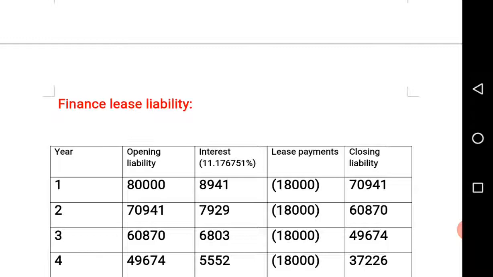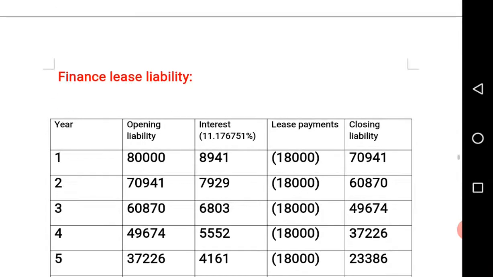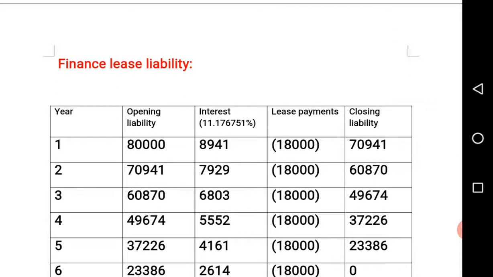Remember, we talked about the interest, which is like a gain to the lessor for leasing his assets. Now the interest at present value at year 1 is 8,941, which is 11.176751% of all opening balances.